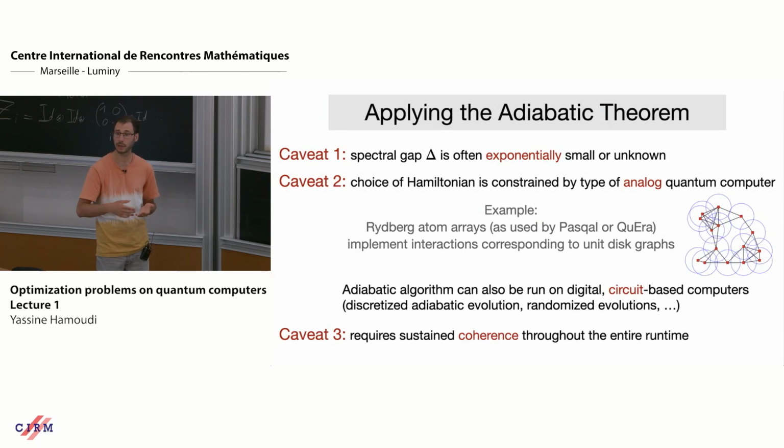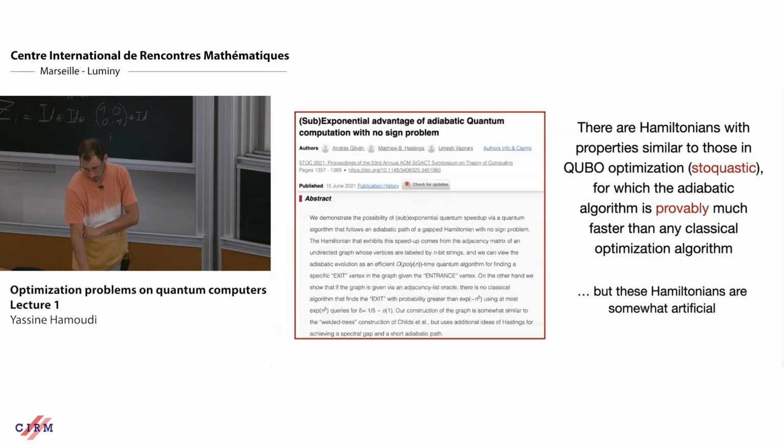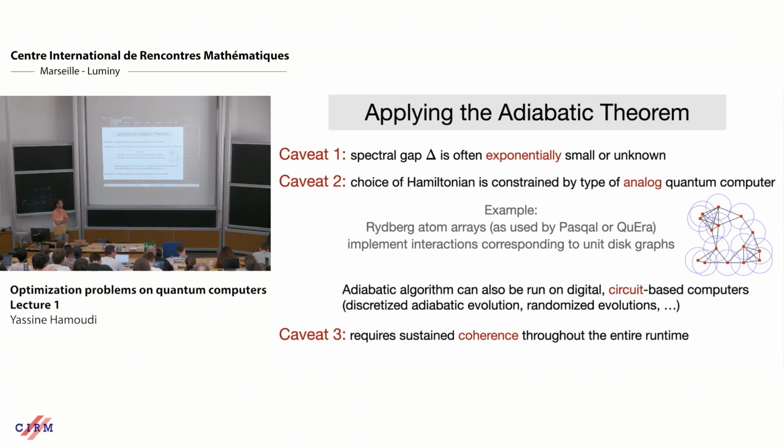You have to correct quantum errors, etc. So this is not very well adapted to near-term architectures. The next section will be dedicated to addressing this last point and giving you some examples of other algorithms that could be applied on near-term quantum computers.